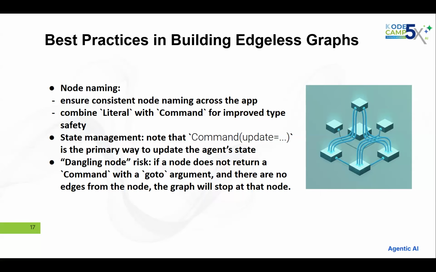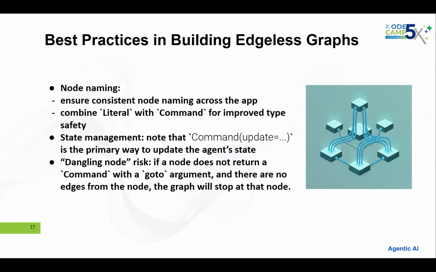It's good to be aware of the dangling node risk. I think I mentioned this in the last class when talking about the routing function, where I stated that it's important to ensure that every possible output string of the routing function must be represented as a key in the path map.